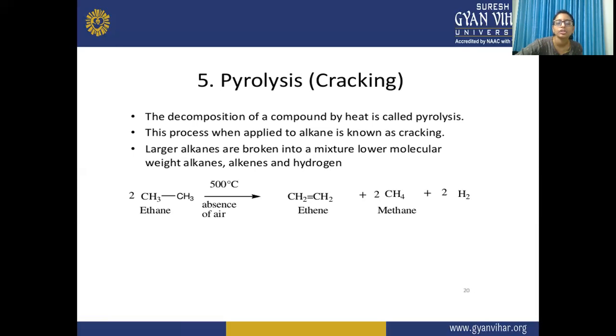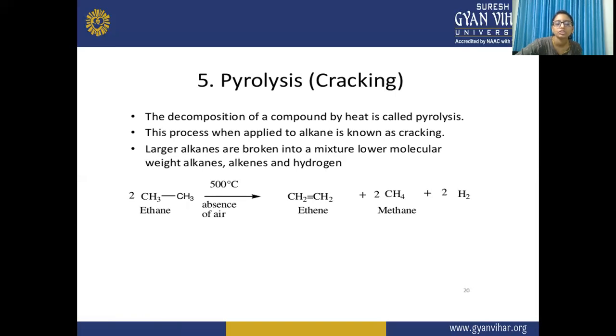And here larger alkanes are broken. Not smaller alkanes, but the larger alkanes are broken into a mixture of lower molecular weight alkenes and hydrogen. So here the product formed would be alkenes and hydrogen at high temperature, 500 degrees centigrade, in the absence of air. Means here the reaction is proceeding in vacuum condition.